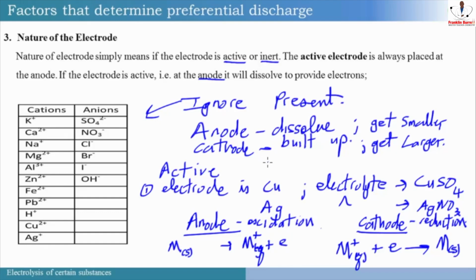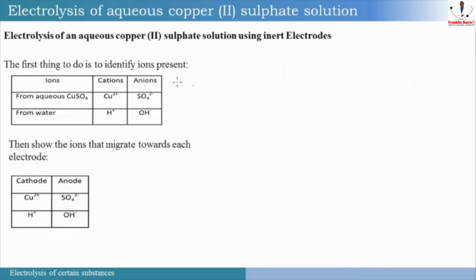Now that we understand the 3 factors that determine preferential discharge, let us look at some examples now of the electrolysis of various substances. Let us start by looking at the electrolysis of aqueous copper 2 sulfate solution using inert electrodes.